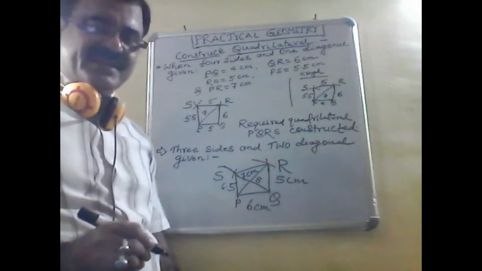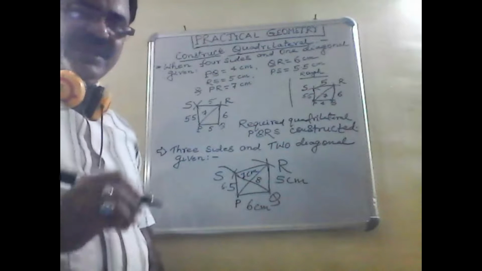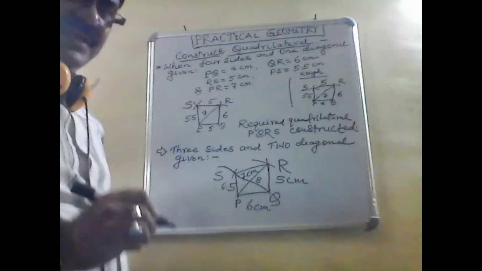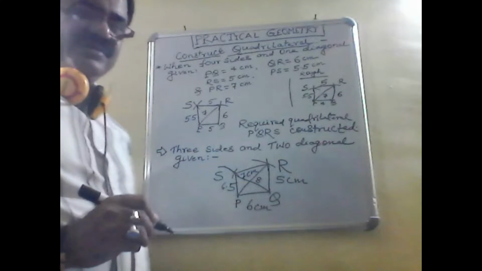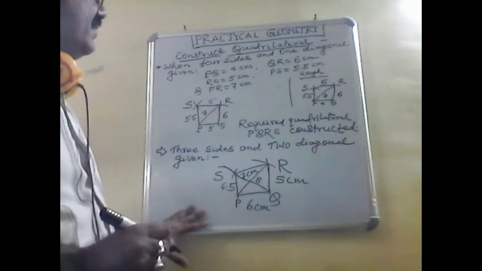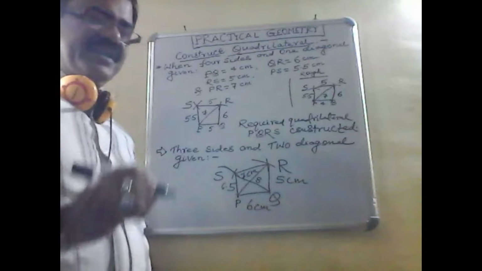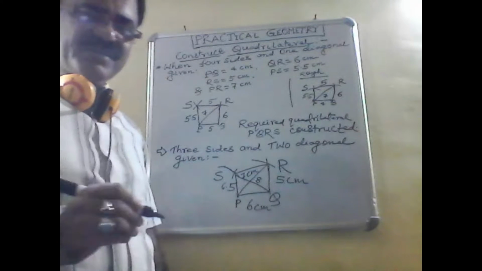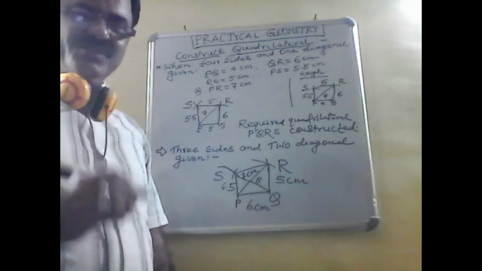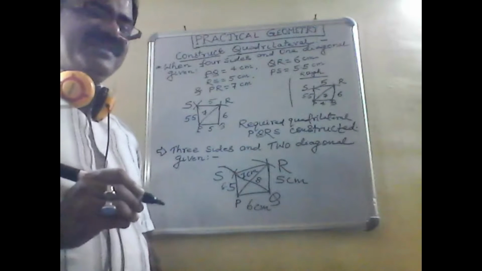So in constructing you should measure the appropriate length with the help of ruler and compass, and as per the requirement of the angles. So students, in this chapter practical geometry nothing is difficult, only you take precautions very carefully, very slowly you do the questions. Practice you have to do many times, and I think very easily you can solve the questions.